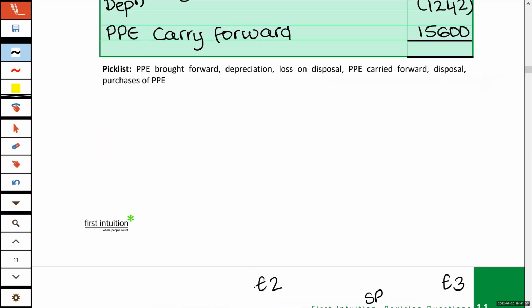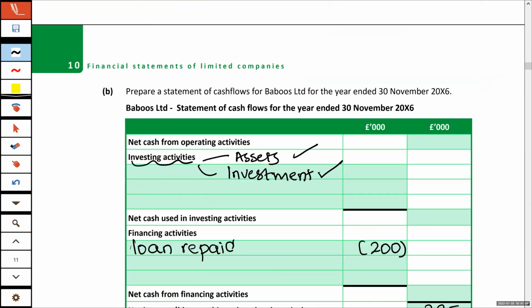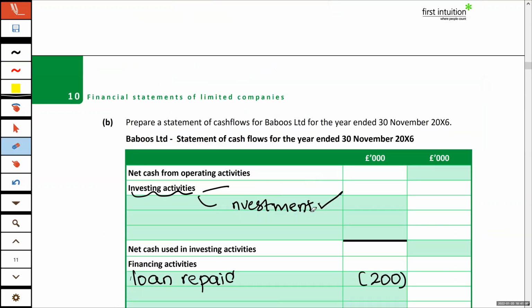Because if I received more than the carrying amount, I would have made a profit on disposal. And that's not what I have done. I've made a loss on disposal, i.e. my proceeds was way less than what it cost.